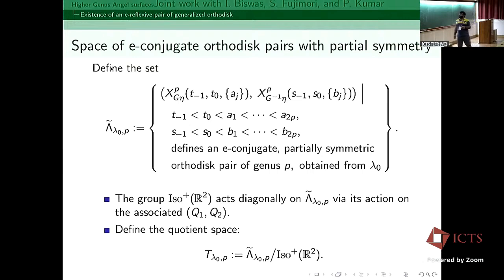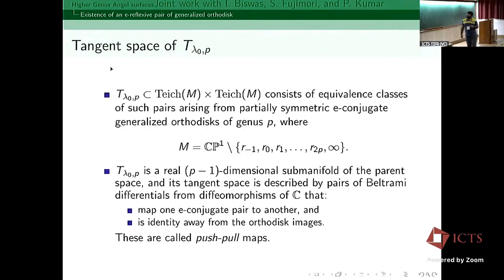Then we quotient this by the orientation preserving isometries of R2 to remove the conformal polygon ambiguity, like translation or rotation. We define that set as T lambda naught P. This T lambda naught P actually comes out to be a subspace of this topological space, which was discussed previously today, where M is the sphere with 2p plus 2 punctures.